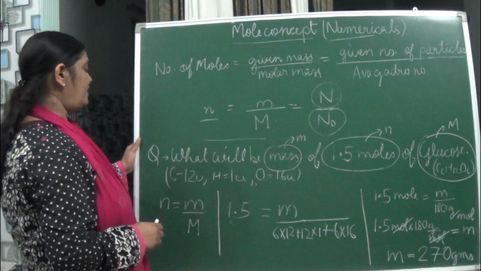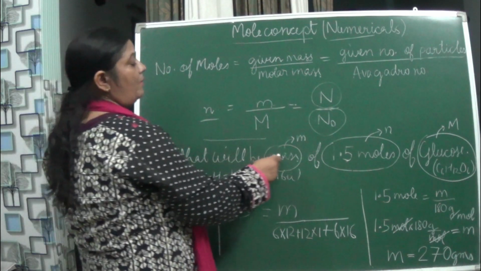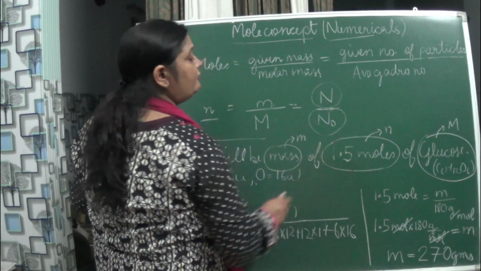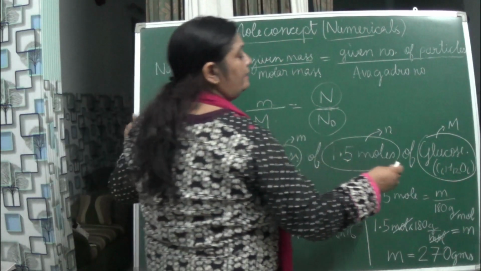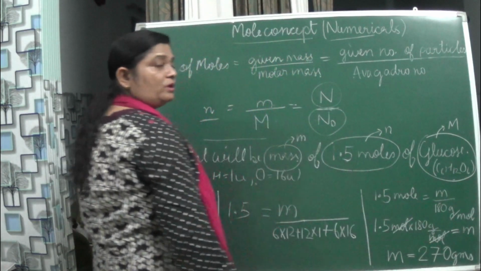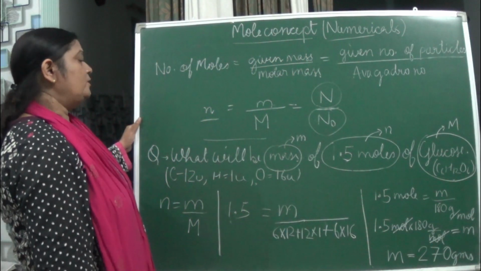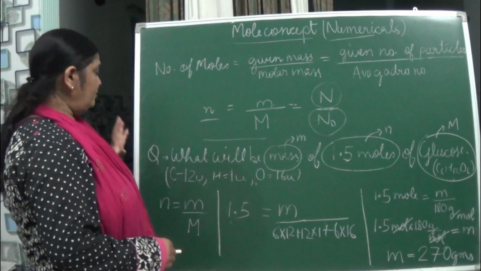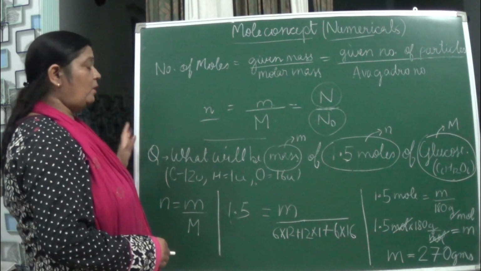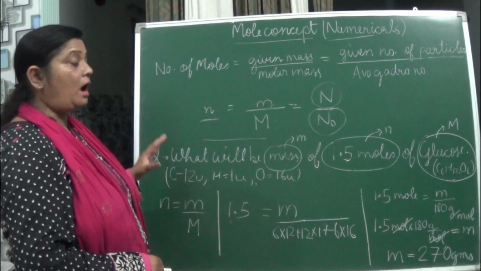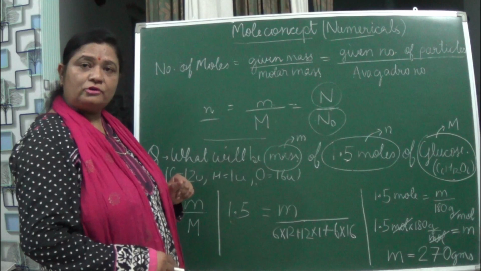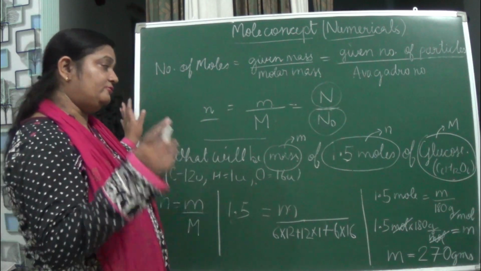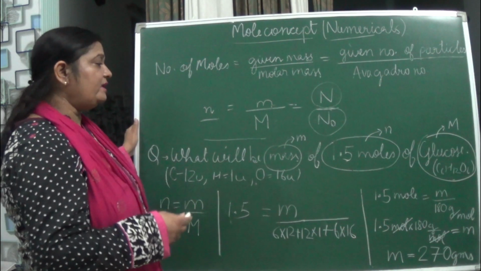One question I have taken: what will be the mass of 1.5 moles of glucose? The formula for glucose is given for your help, C6H12O6. Whenever you see a numerical like this, first see what particulars are given in the question, and jot them down first.